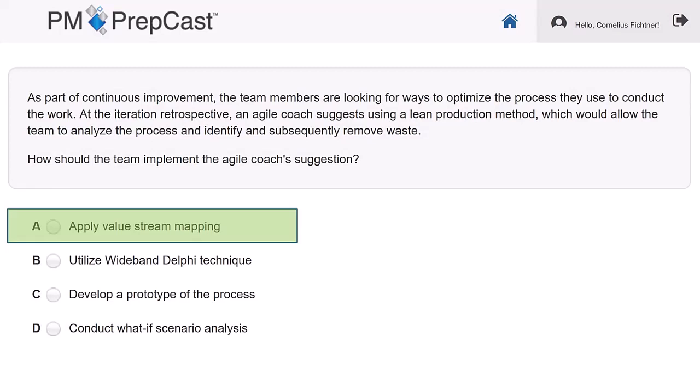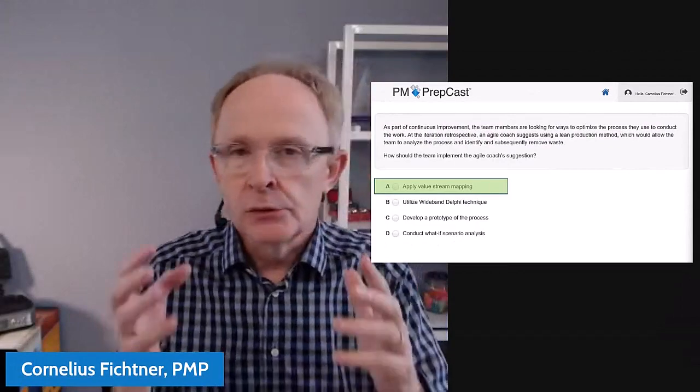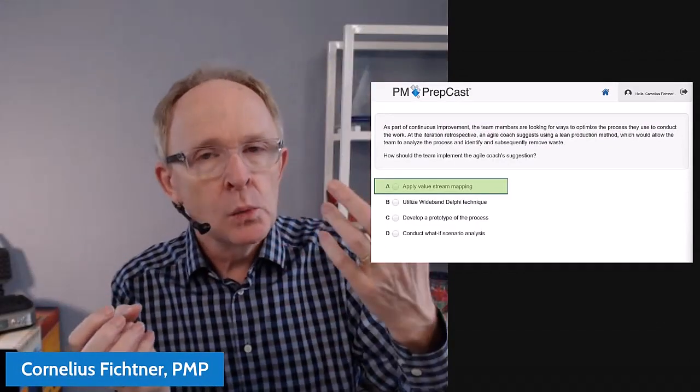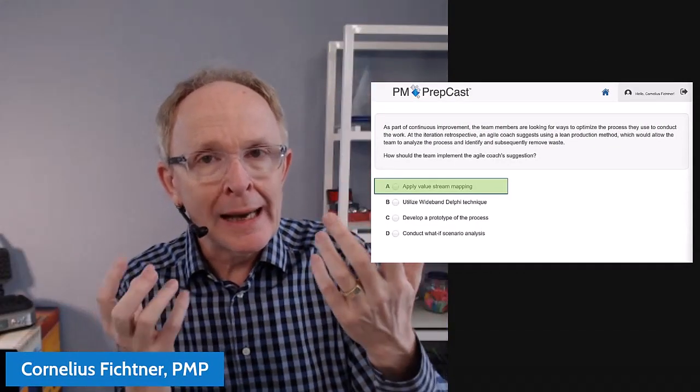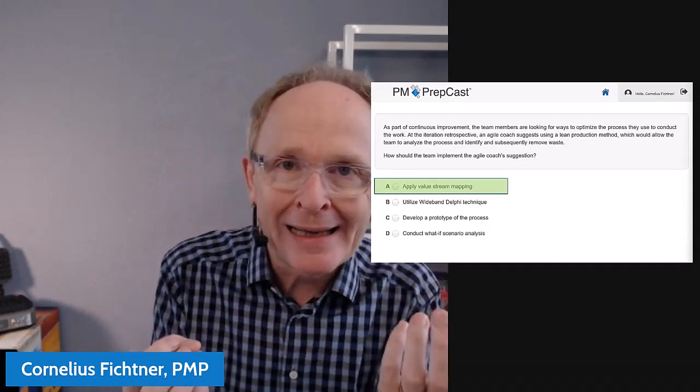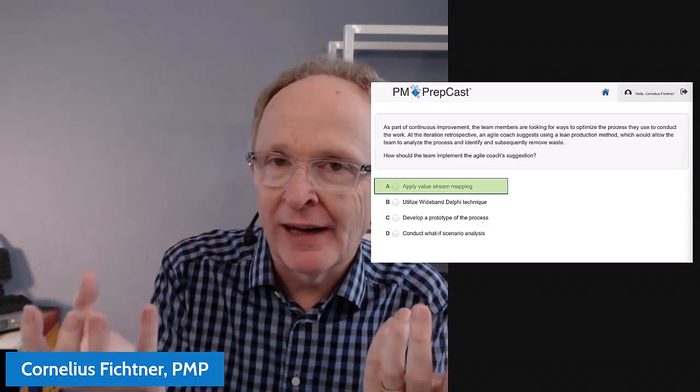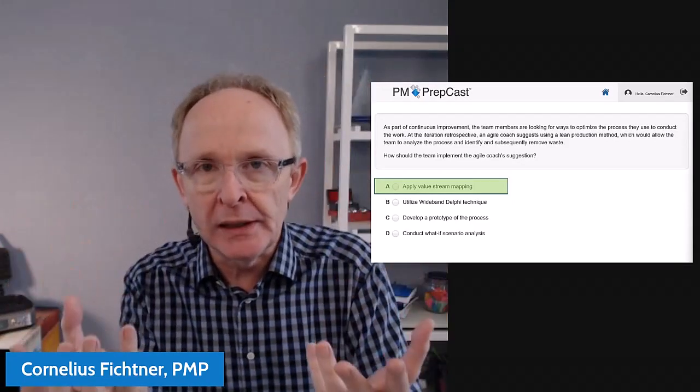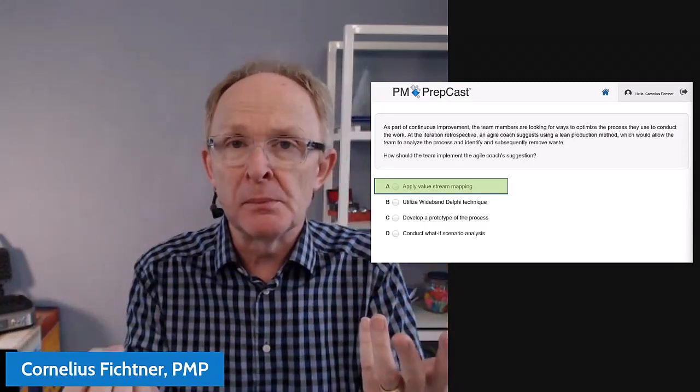That's, by the way, a technique borrowed from the lean manufacturing method, and it's used to identify and remove the waste from production systems. In essence, you're looking at your processes and saying, okay, which of the activities we do are value add and which are not, which can we improve, which can we remove?